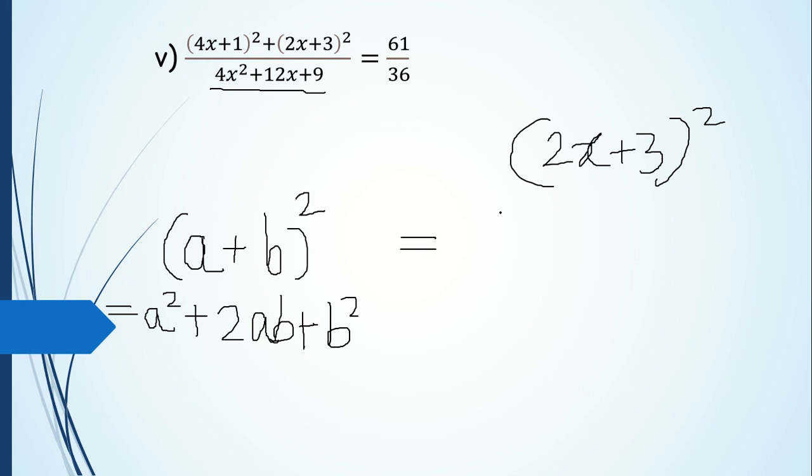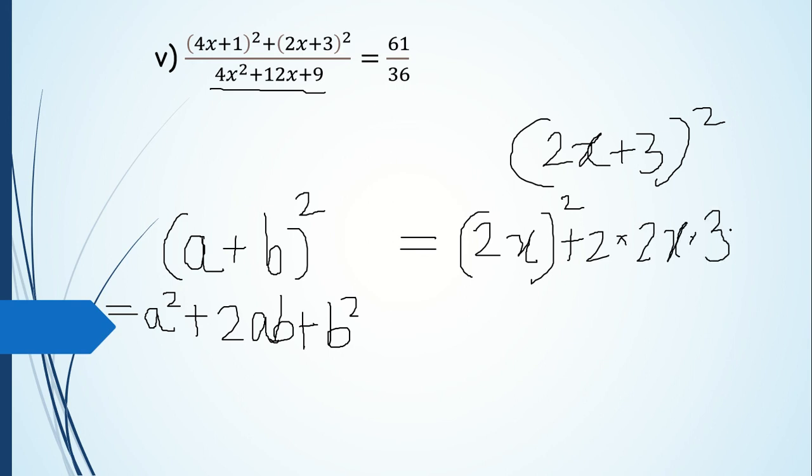So you expand this, that will be 2x square plus 2 into 2x into 3 plus 3 square. So this is a square plus 2ab plus b square. Then that will become 4x square.